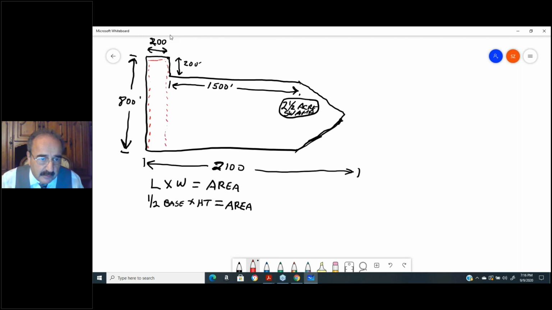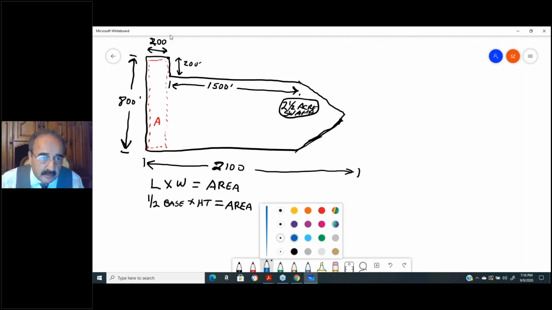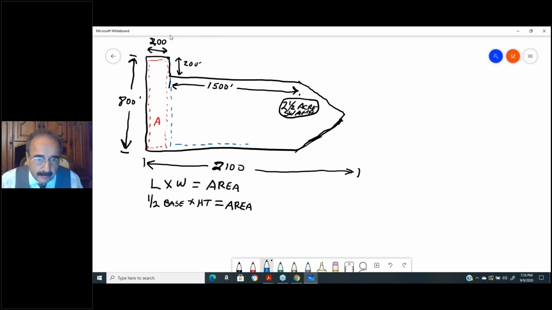I'm going to call this section A. Then I'm going to take this part here, and call this one section B. And then, different color, I'm going to make this little triangle part section C.